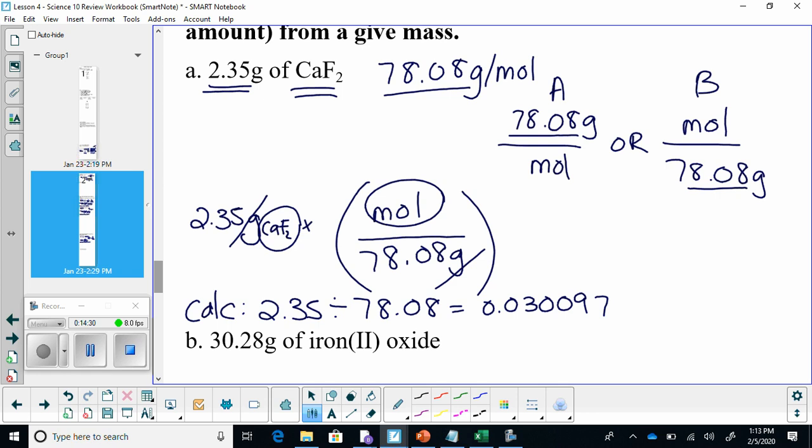How many significant digits am I allowed to have? 3. Question for you guys. Do these zeros count as part of sig digs? No, these are called leading zeros, and they do not count when you are reporting your final answer with sig digs. So my final answer is 0.0301 moles.